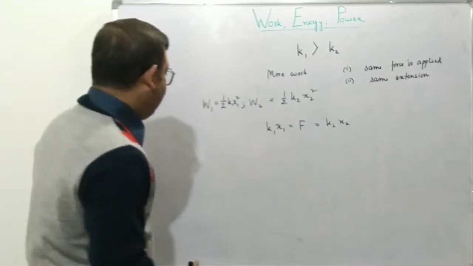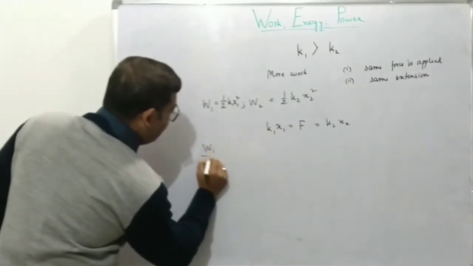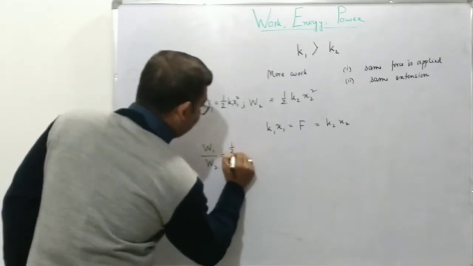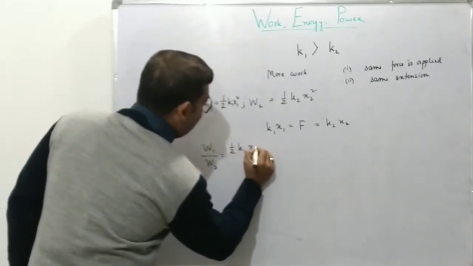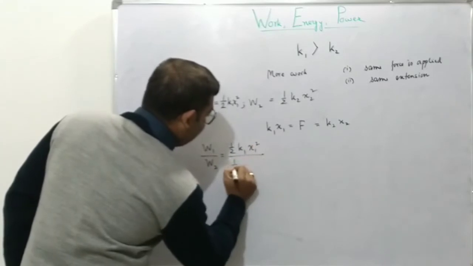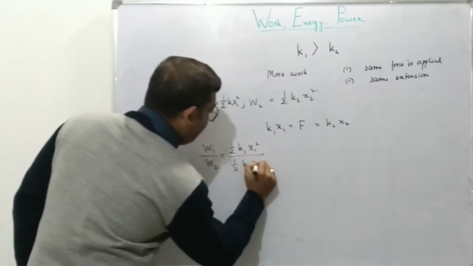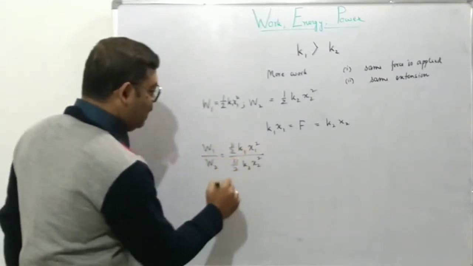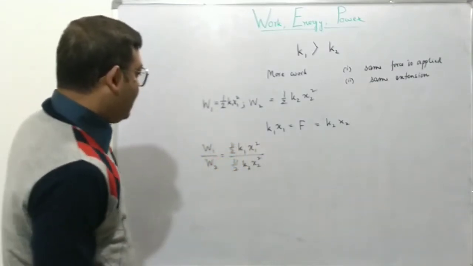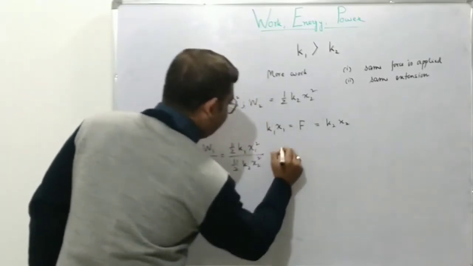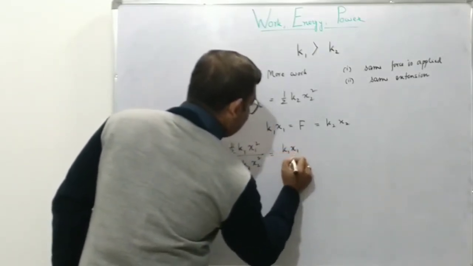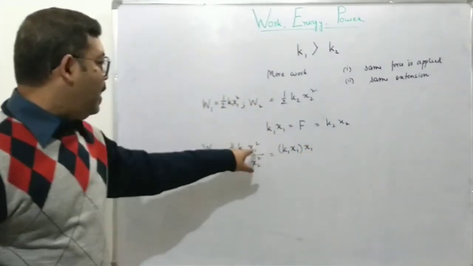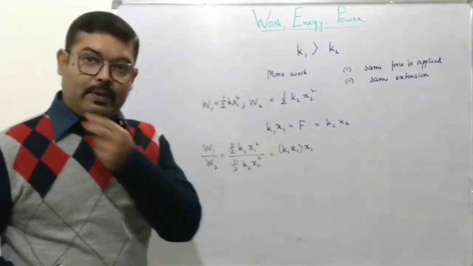Right. So if we take the ratio W1 by W2, what we get is half K1 X1 squared divided by half K2 X2 squared. So halves will cancel, and we can rearrange this. K1 X1 squared is equal to K1 X1 multiplied by X1.